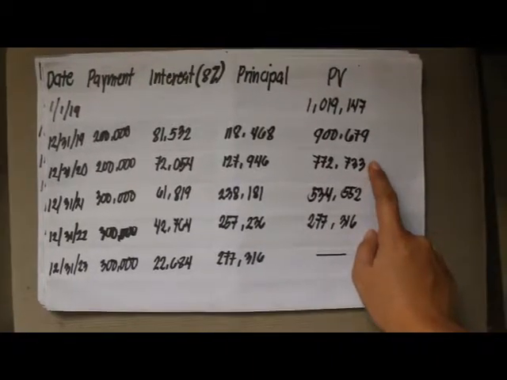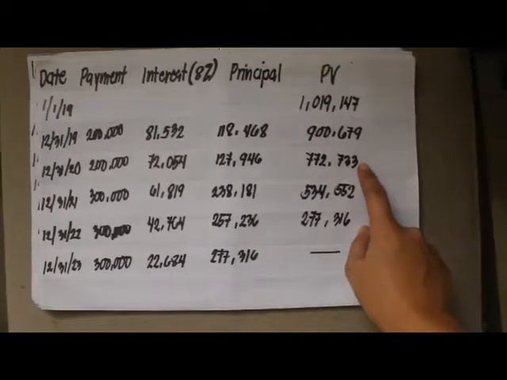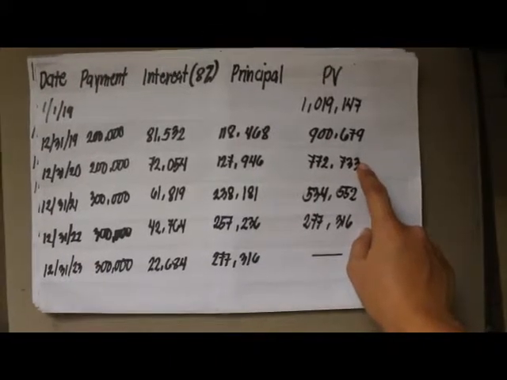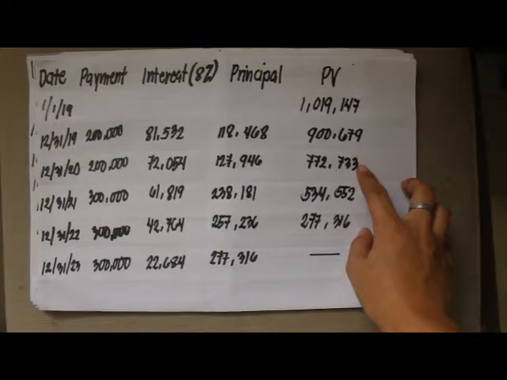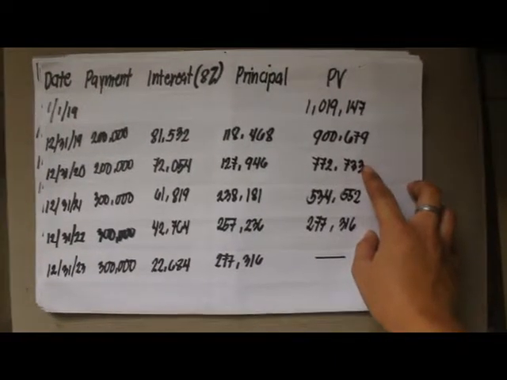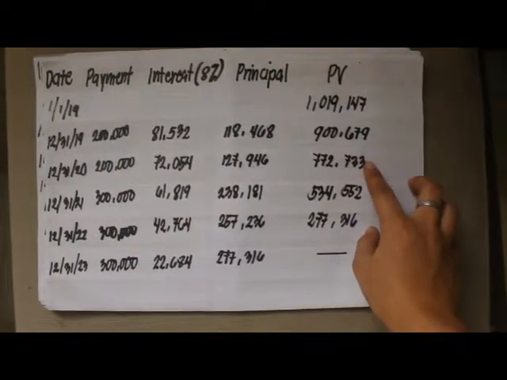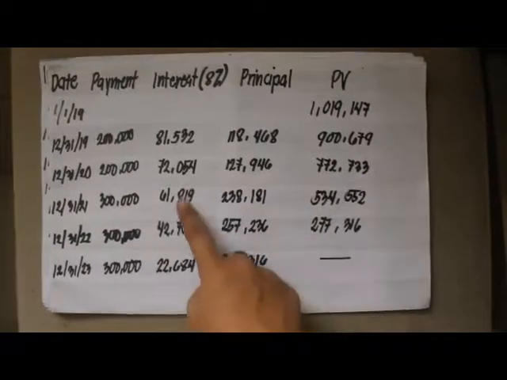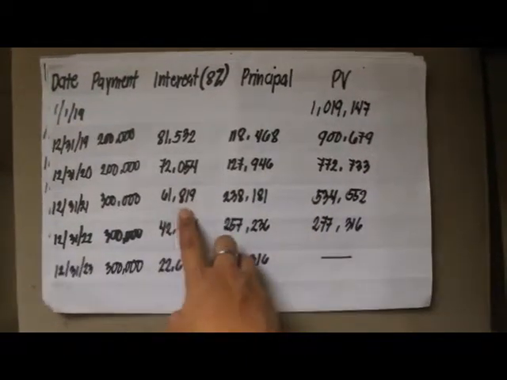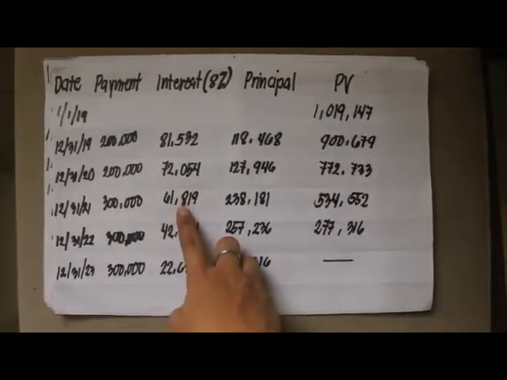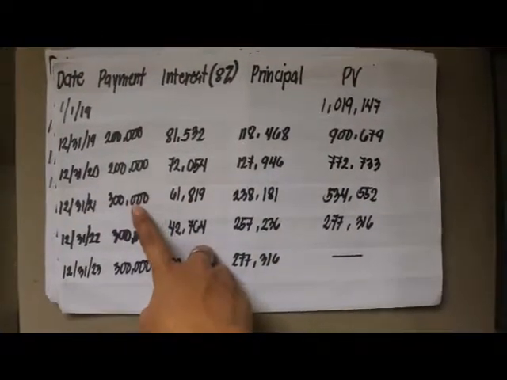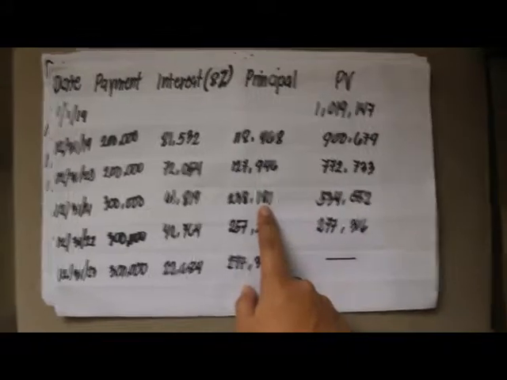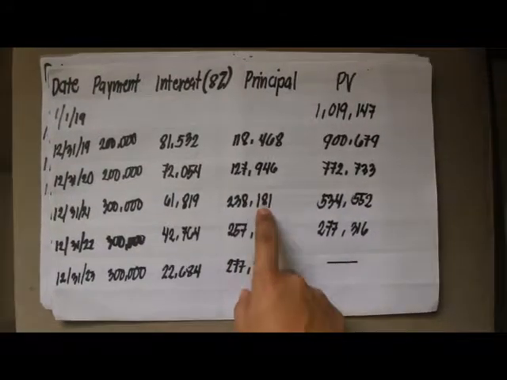And then, ang 772,733 ay ang ating carrying amount ng lease liability as of December 31, 2020. Multiply lang ulit ang interest rate na 8% dito para makuha ang ating interest expense na 61,819, and then i-minus to sa new payment na 300,000 para makuha ang principal amount na 238,181.